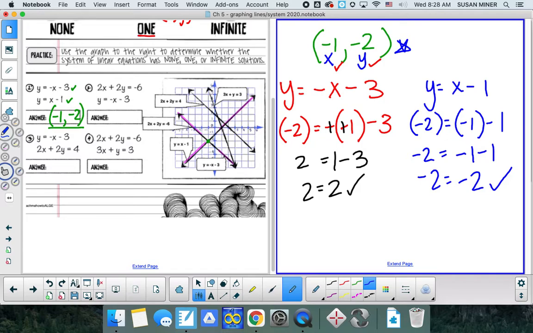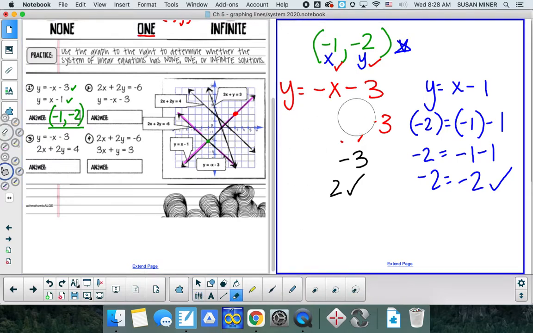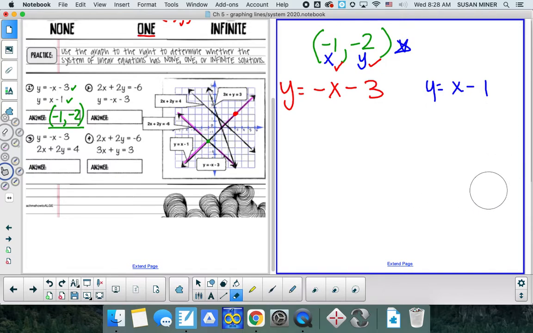Well, what if we used a different point from the line, right? What if we use this point? What's happening there? Well, if I use a different point from my graph, then these statements aren't going to be true. So let's use this other point, this red point now.